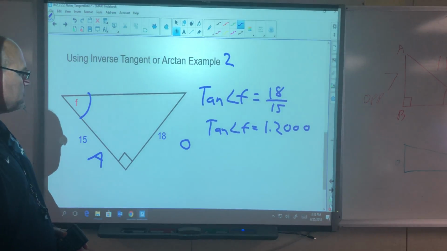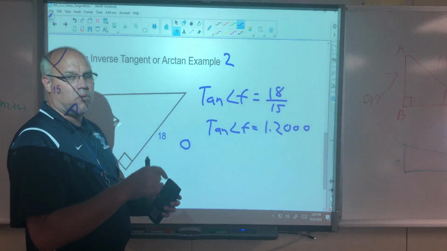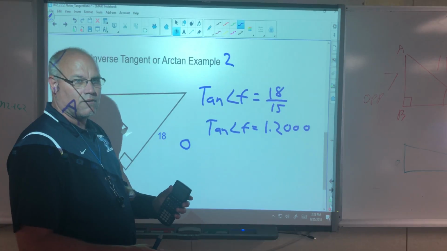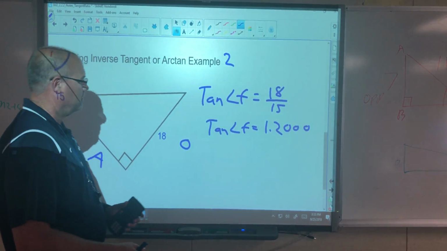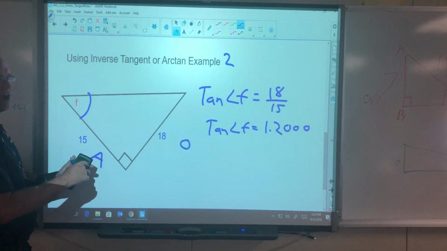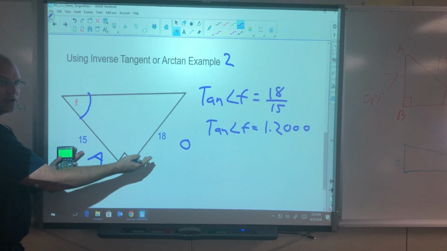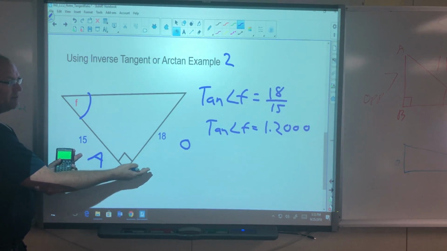All right. So now, I don't want to put tan 1.2 in my calculator. Why? Well, if I put tan 1.2, what I'm telling the calculator is my angle of reference is 1.2 degrees. Tell me what the tangent ratio is. That's not what we want.